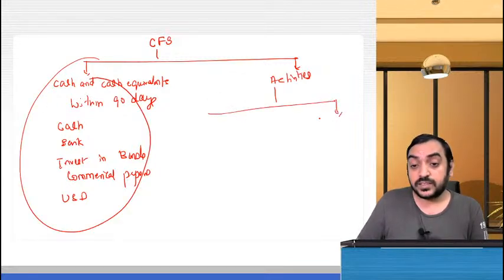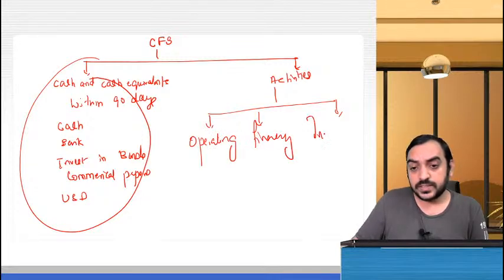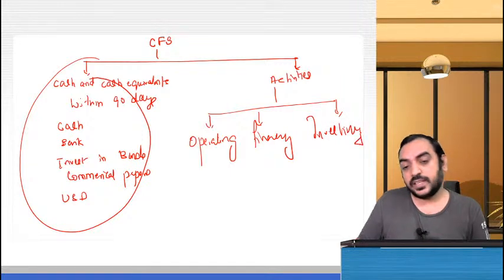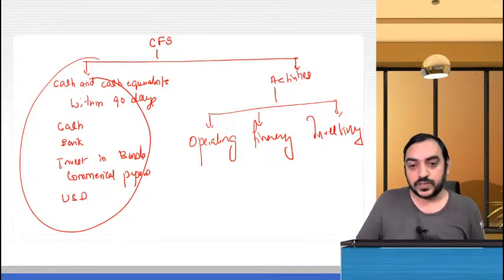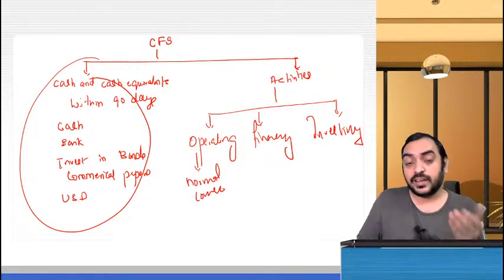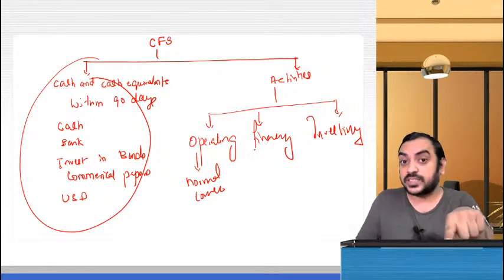Activities, we have three types: operating activities, financing activities, and investing activities. Operating activities are the normal course of business, that is money paid to creditors, rent paid, money collected from customers, interest collected from customers.